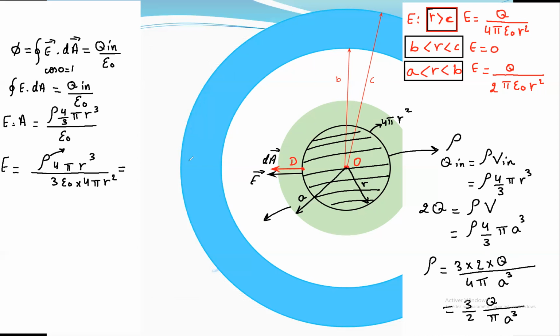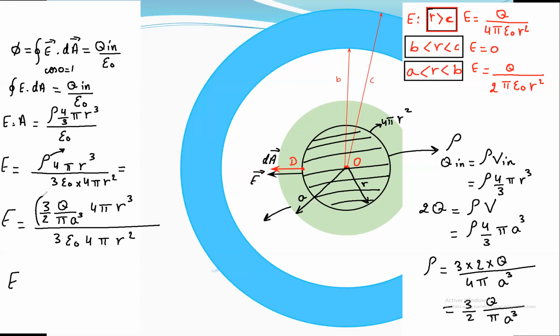Okay, we substitute the value of rho here. We get finally E equals 3 over 2, q divided by pi a cube, and here we have 4 pi r cube, and down we have 3 epsilon 4 pi r square.